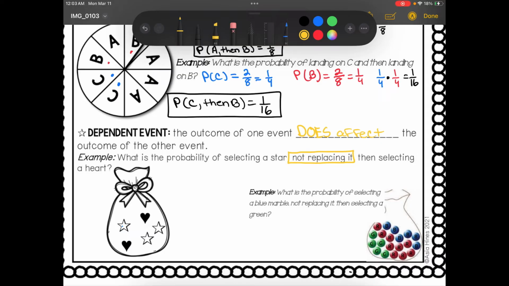The reason I put a rectangle around not replacing it is those words are what make this a dependent event. The fact that it has not been replaced changes the number of items that's in the bag. So what they're asking us to look for is the probability of getting a star, then a heart.